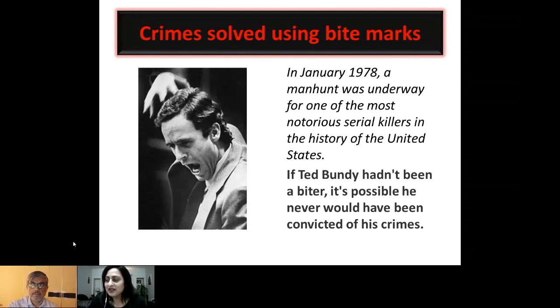He was sentenced to death in 1989. He was executed, in fact, and he was on death row for years, giving out bits of information. He was a potential biter, and he had a tendency to bite his victims. So that is how his case was nailed. His bite became the nail in his coffin.